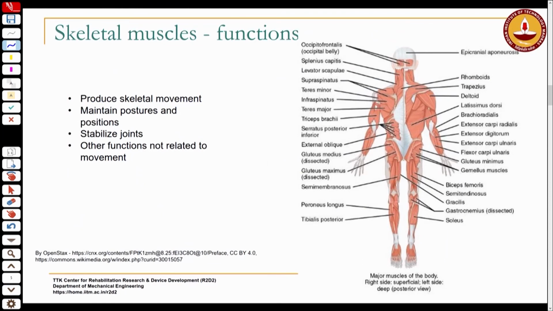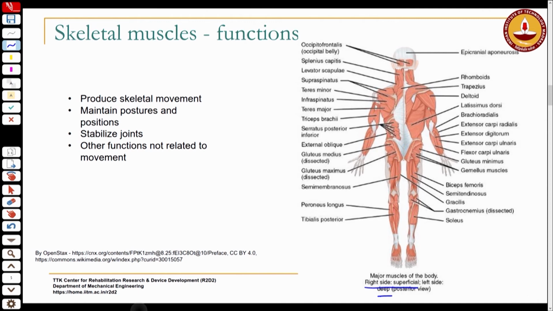This is a posterior view of some of the muscles. So, you have muscles on both sides, obviously the anterior and the posterior of your body, and again here this diagram shows on the right side you have the superficial muscles and on the left side you have the deep muscles.